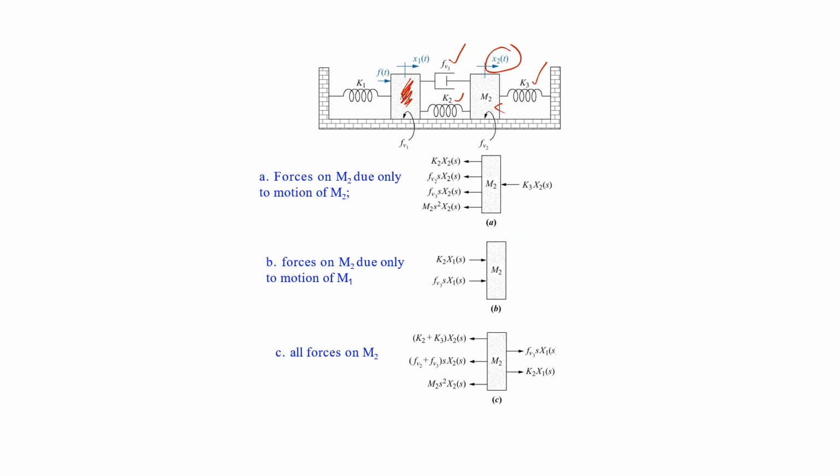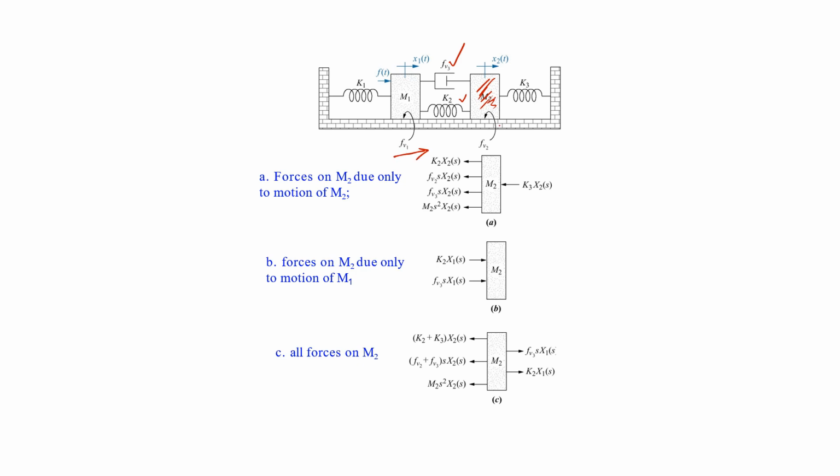So now let's hold the m2 mass still and move the m1 mass, and we can see that the effect of m1 is through this friction and this spring. And we can see that if we move this mass in the positive direction, that is in the direction of x1, it will have a positive impact on m2.